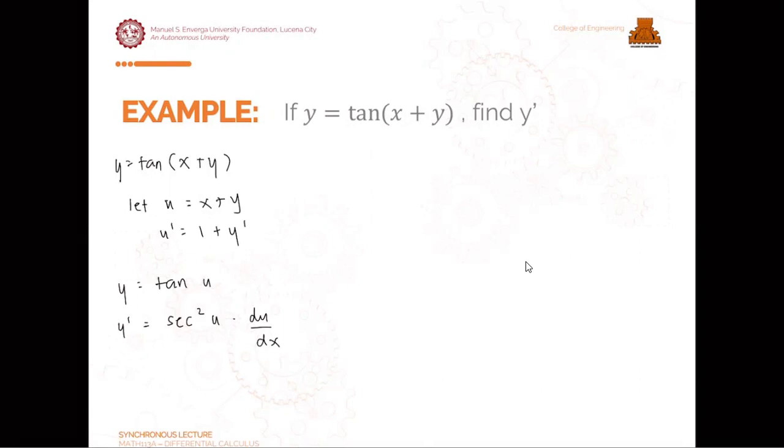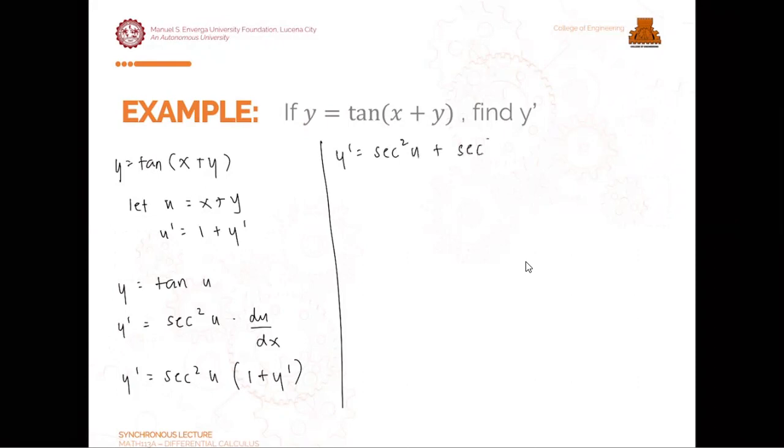Okay? So substitute natin. So we have y prime equals to secant squared u times 1 plus y prime. Okay? Next, we try to distribute. So y prime is equals to secant squared u plus secant squared u times y prime.